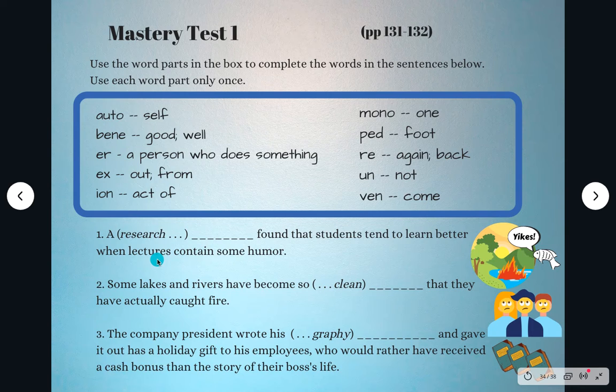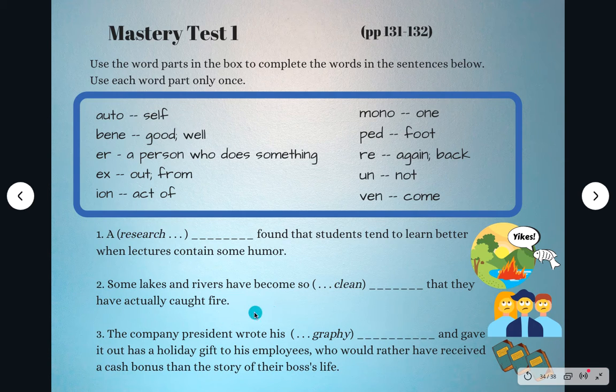A research something found that students tend to learn better when lectures contain some humor. I think I would choose a person who does something. It's a researcher. Some lakes and rivers have become so something clean that they have actually caught fire. I would choose something that means not from over there.